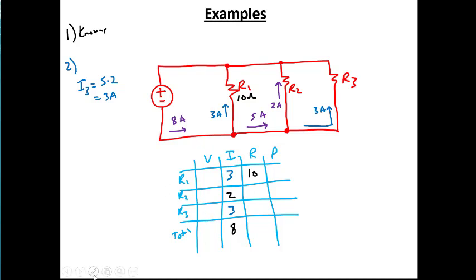Now this is a parallel circuit, so all of the voltages are the same. We probably should have done that right at the beginning. So this means if we know what one of the voltages is, then we can find the rest of them. And this was 3.